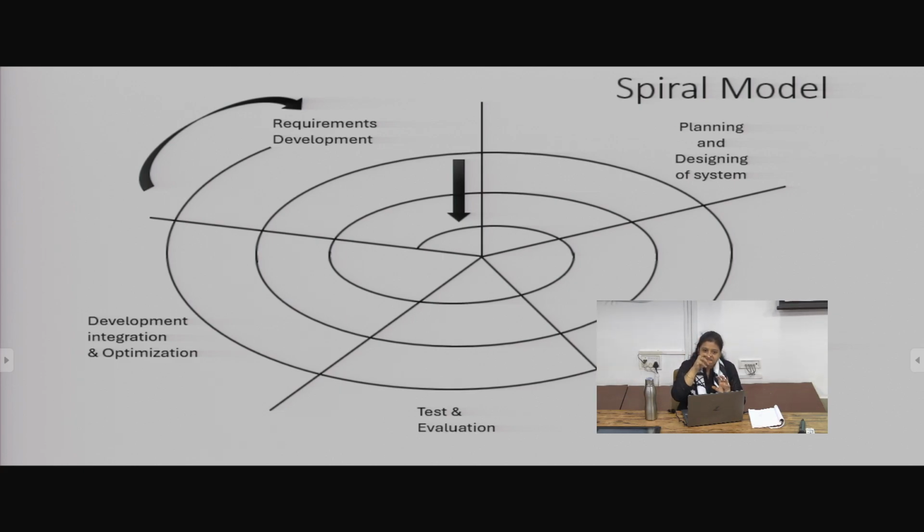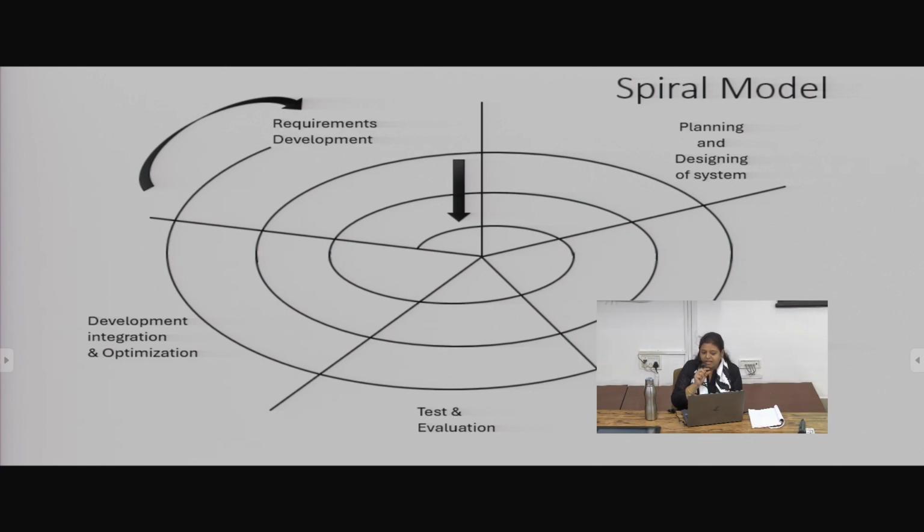Some features, some requirements, finish the five phases, then reach the next requirements that will be added on. Finish the requirements development, plan, design, prepare the configuration, test, evaluate and develop. Like this, the whole iterative spiral cycle will keep moving on, and a point will come when you say that all the system requirements have been fulfilled.